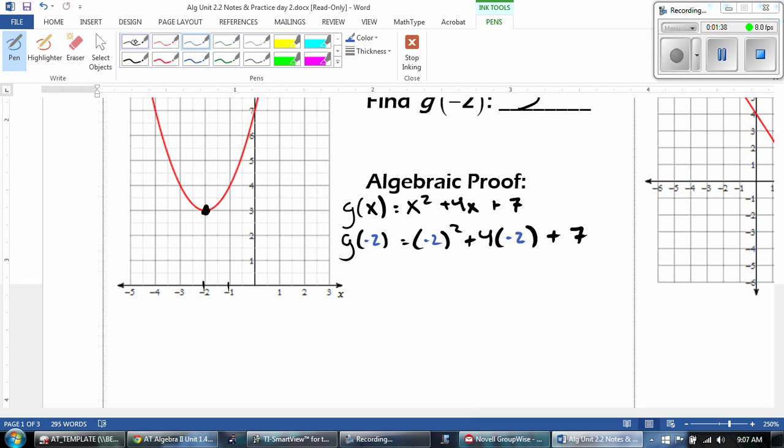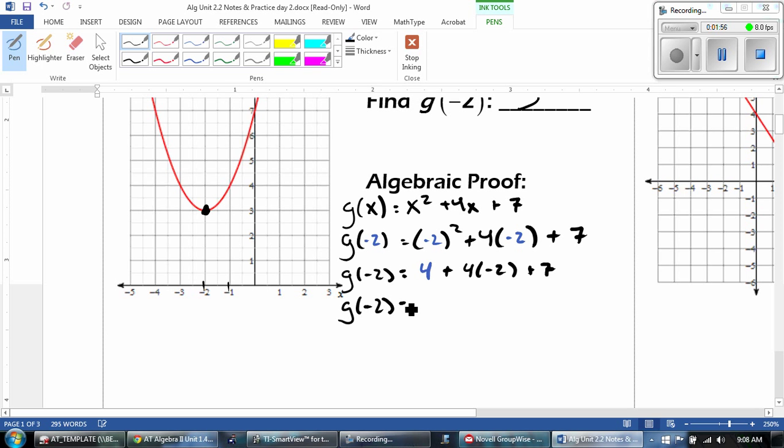Going through g of negative 2, the first thing we do, by order of operations, is the square. Negative 2 squared is 4. So 4 plus 4 times negative 2, plus 7. After that, order of operations says 4 times negative 2, which is negative 8.